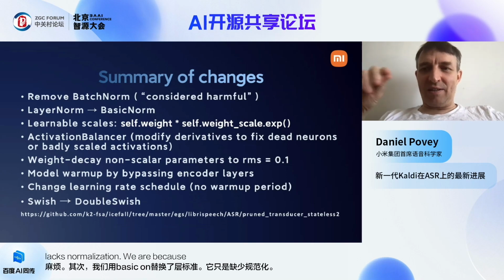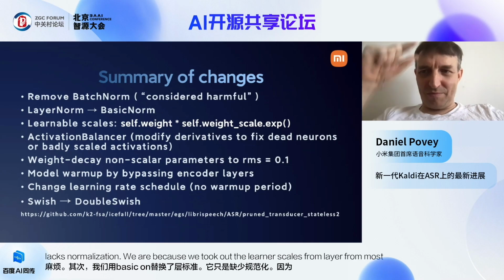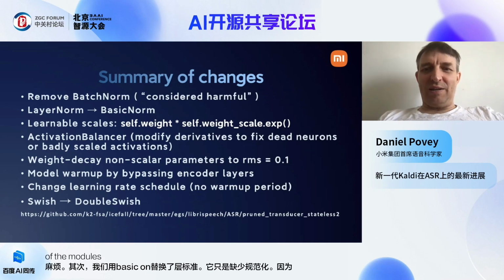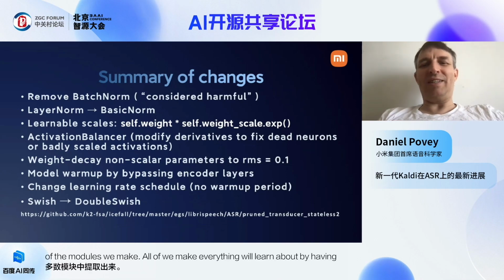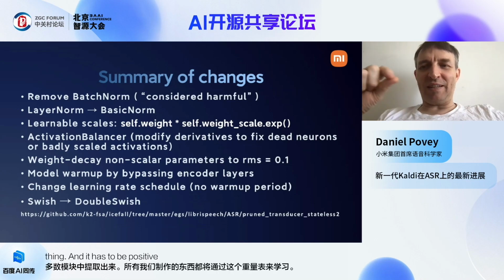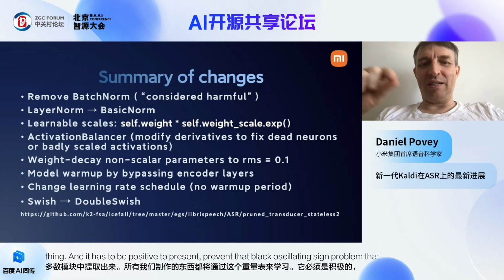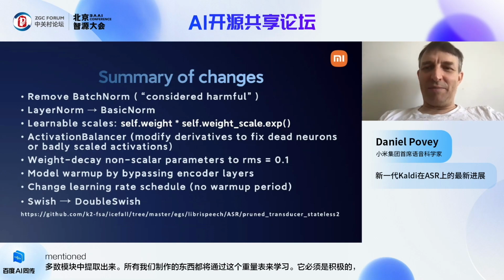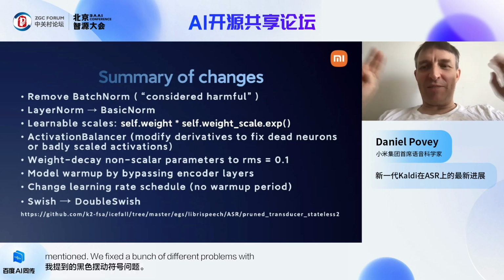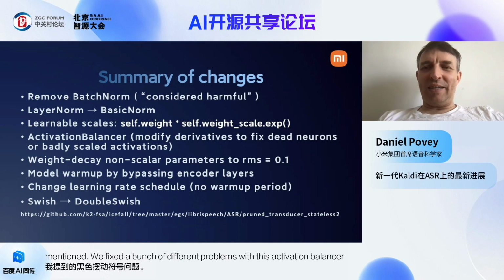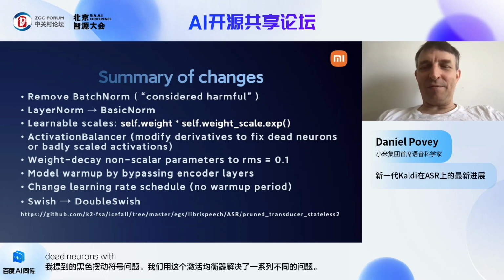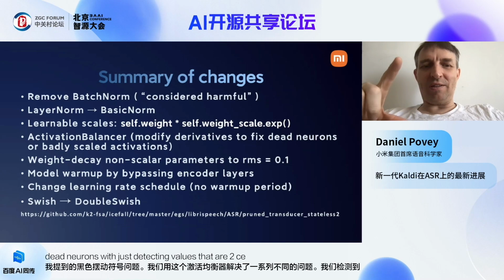Because we took out the learnable scales from LayerNorm from most of the modules, we make everything learnable by having this weight scale thing, and it has to be positive to prevent that oscillating sign problem that I mentioned. We fix a bunch of different problems with this activation balancer. We're detecting dead neurons. We're detecting values that are too small or too large.